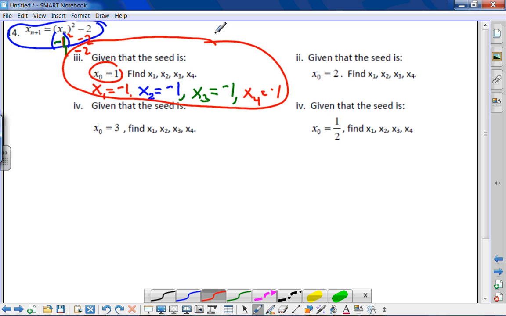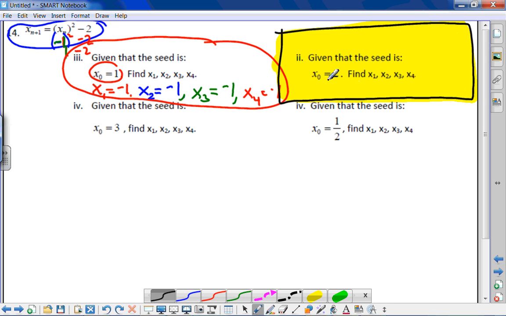All right, now let's go over to this one. New seed, same rule. The seed is 2. What will the first iteration be? 2 squared, which is 4, minus 2, 2. What will the second iteration be?